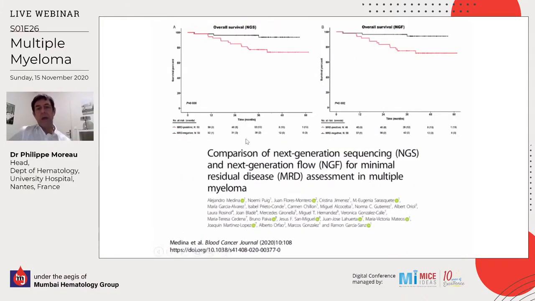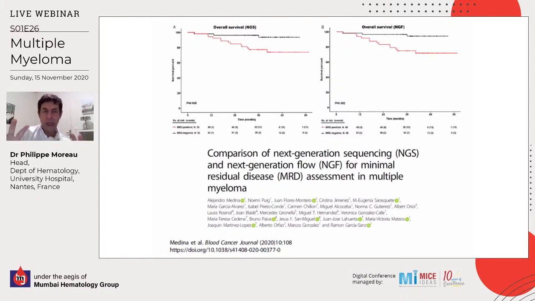This paper is showing the comparison of next-generation flow and NGS for patients treated with stem cell transplantation. It's a sub-analysis of the previous paper that I showed you, which was very recently published in Blood Cancer Journal a few weeks ago.